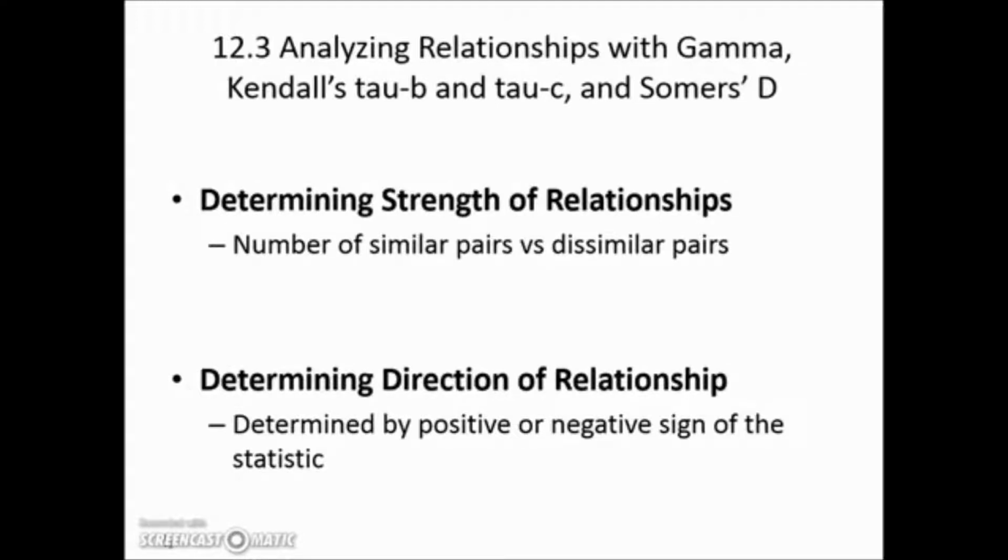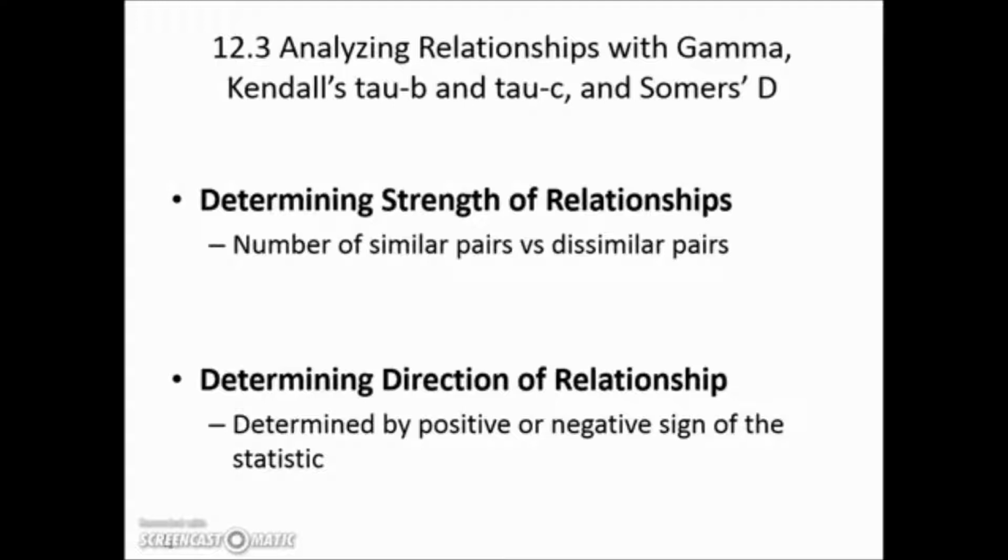As the number of similar relative to dissimilar, or dissimilar relative to similar, increases, the value moves closer to 1. Therefore, the larger the difference between the number of similar and dissimilar pairs, the stronger the association. When all pairs are either similar or dissimilar, the value of these statistics will be equal to 1, indicating a perfect relationship.